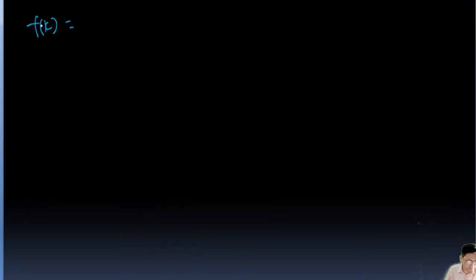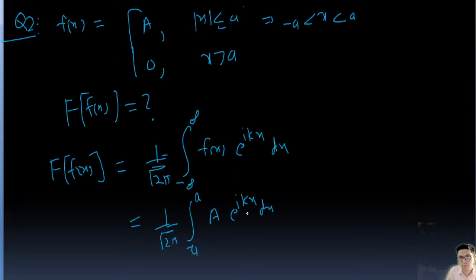This value is going to be a upon root 2 pi, integration from minus a to a of e to the power iota kx dx.